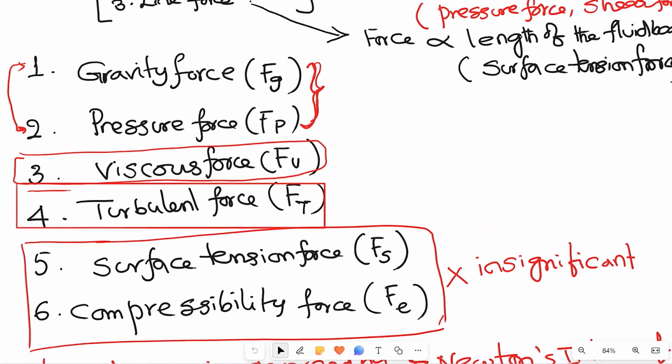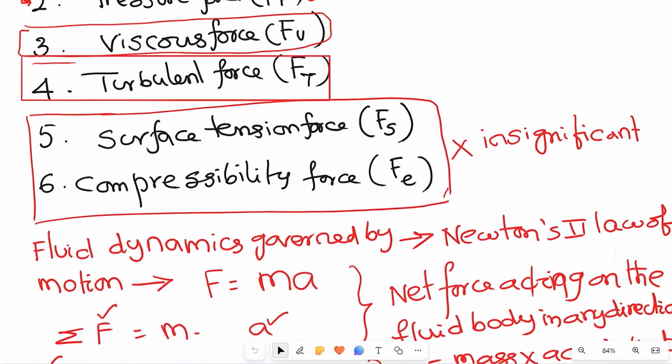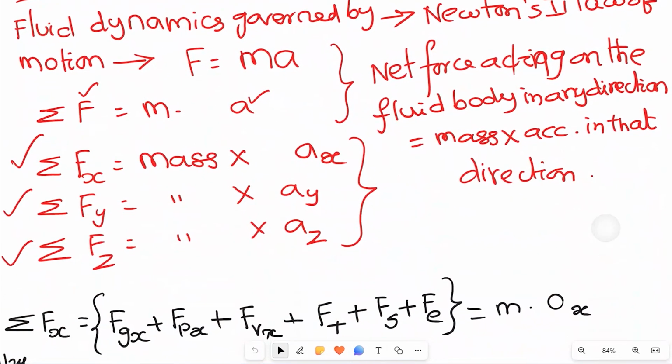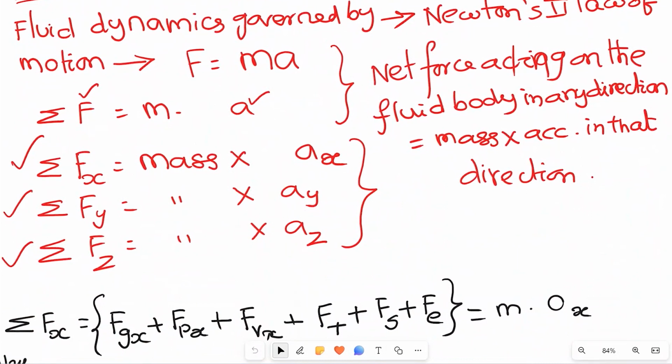But before going to that, let me explain what the governing law for fluid dynamics is. The governing law for fluid dynamics is Newton's second law of motion. Newton's second law of motion states: force is equal to mass into acceleration.